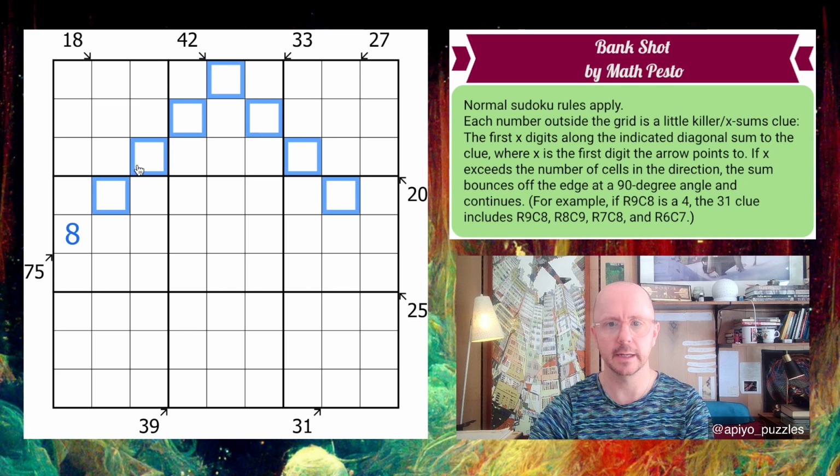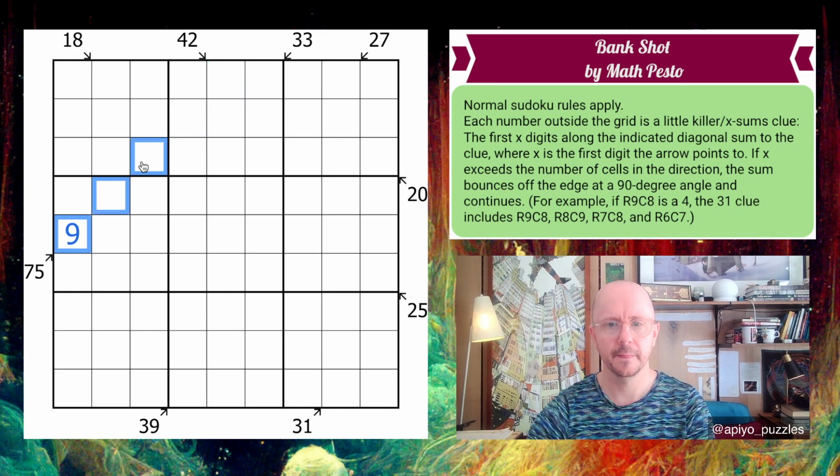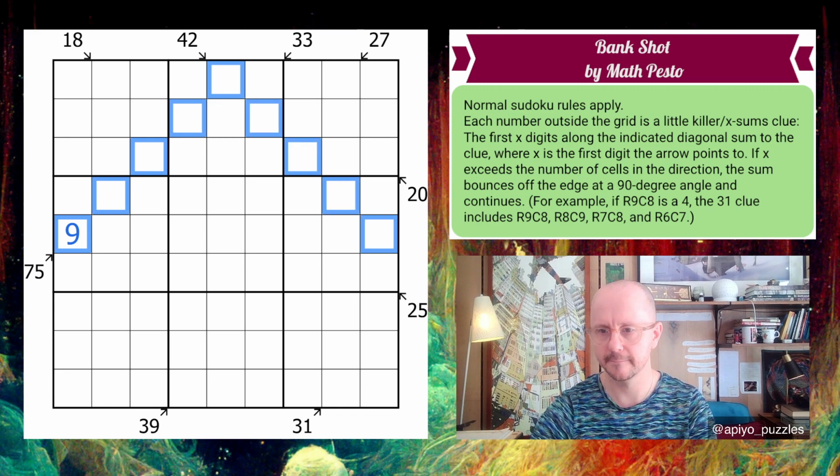You could put 98 here, 98 here maybe. That's another 34. That's only 58 plus the 8 is 64. That's 66, whatever. It's nowhere near 75. So that is a 9. And our 75 will go the length of this.